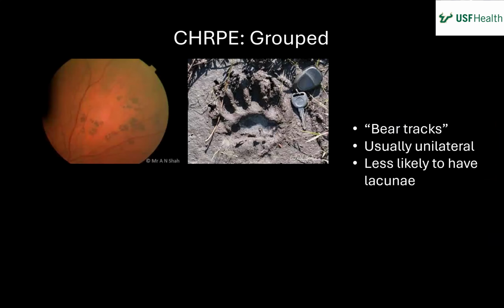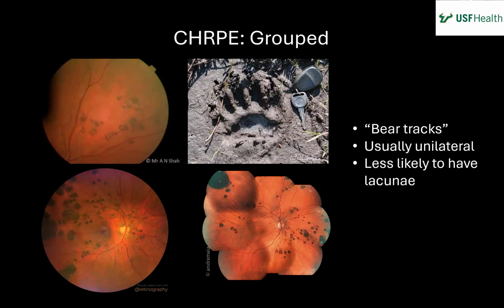Now talking about the grouped CHRPE, multifocal lesions is what we had in this case. When they're scattered like this, they can look like animal footprints, so they were colloquially termed bear tracks. Here's an example of an actual bear track, along the CHRPEs. Usually they're going to be unilateral when they're a group like this, but in our case, we had it bilaterally.